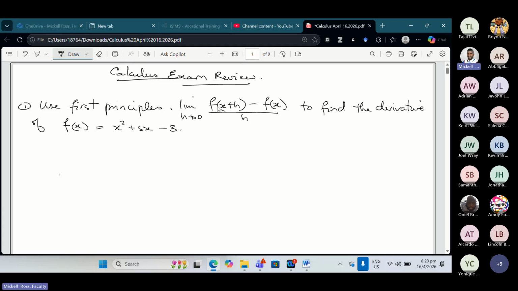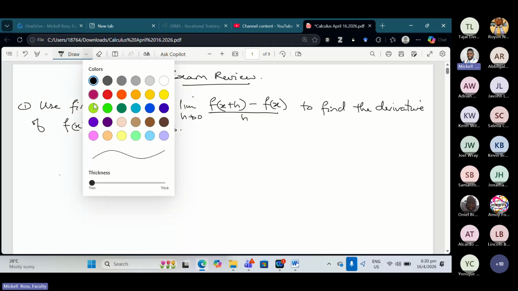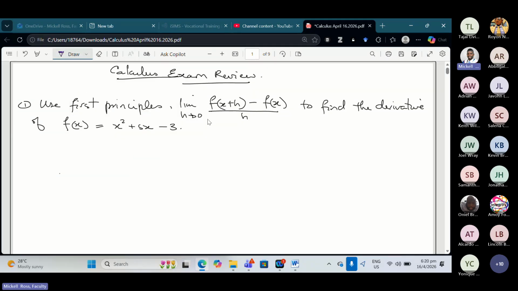So we are to use first principle to differentiate this. Now, what we can do when we look at questions like these is that we can go ahead and find out what the derivative of this would be without using first principle. If I was to differentiate this, I'm expecting to get the derivative of x squared is 2x, the derivative of 5x is 5, and the derivative of the constant is 0.